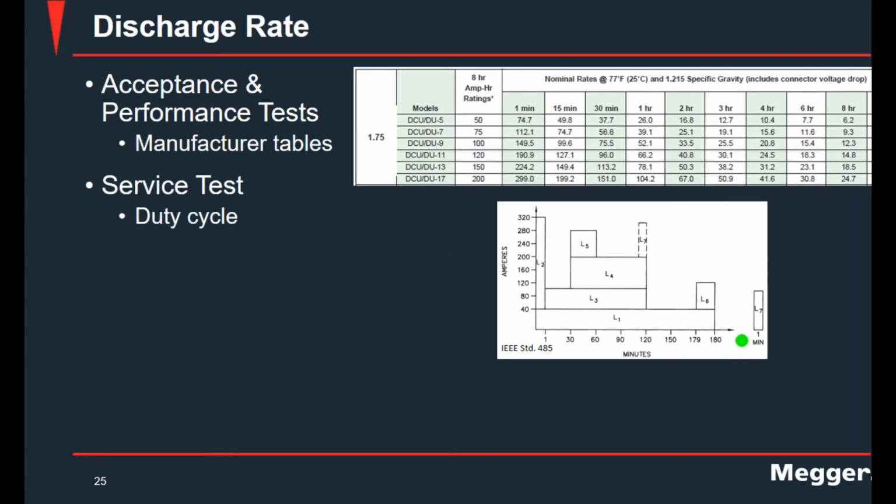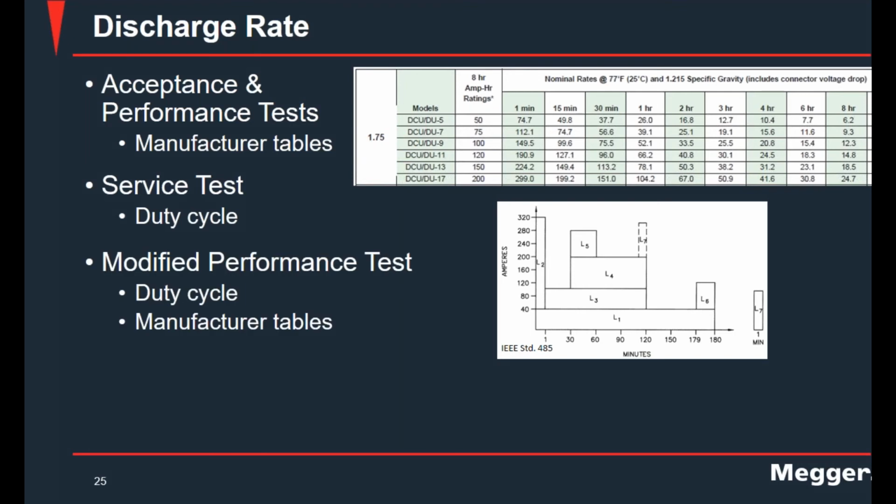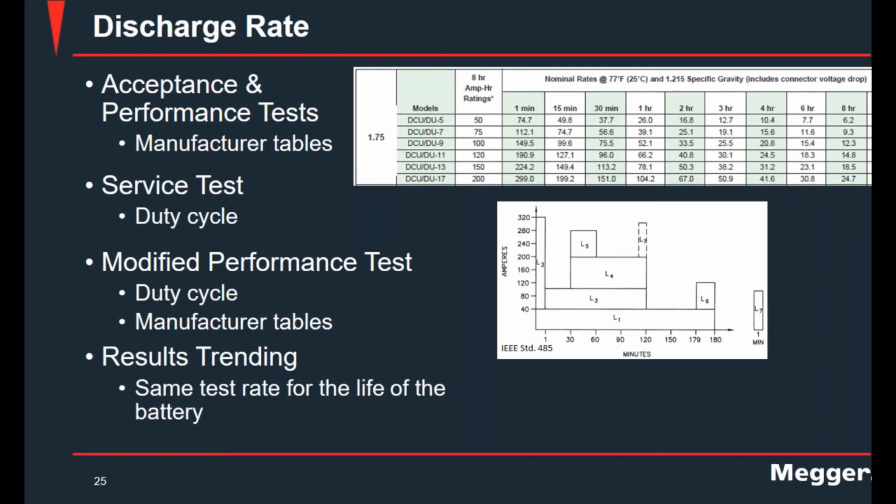If you do a modified performance test, you need to use both the duty cycle and the manufacturer tables. And again, for results trending, you need to use the same test rate for the life of the battery. If the very first performance test was done at a certain rate, the subsequent tests have to be done at the same rate to be able to compare.